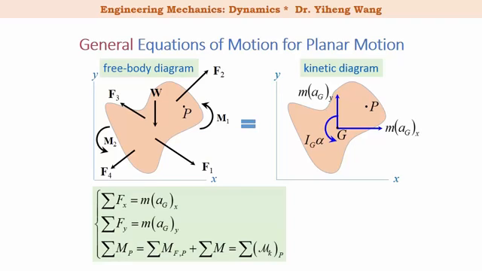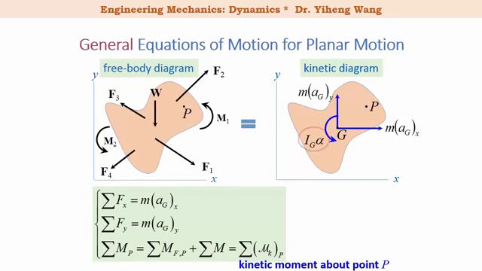Resultant moment summarized about any arbitrary point P equals this term right here, which is known as a kinetic moment about point P. But what is it? Remember, we talked about before that the term ma, mass times acceleration, can be considered as an inertia force.